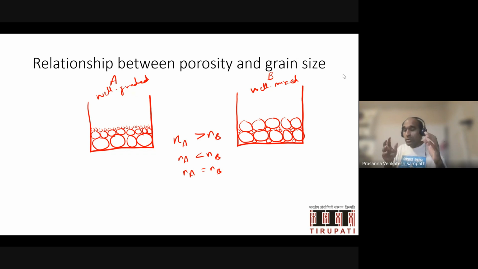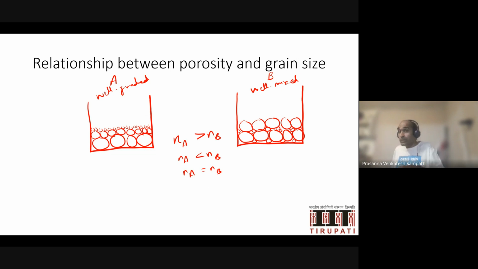So what is happening is the larger pores between the larger particles, those volumes are getting occupied by the smaller particles. So therefore, there is less porosity left because that porosity which used to be vacant is now occupied by a smaller particle. So the porosity of the well-graded system will be much higher than the porosity of a well-mixed system.